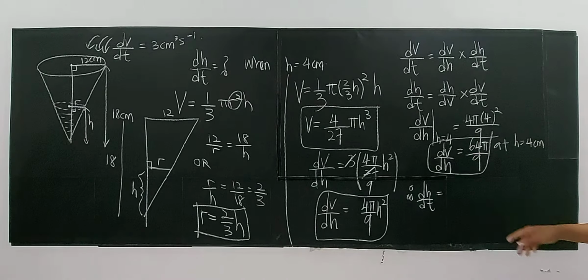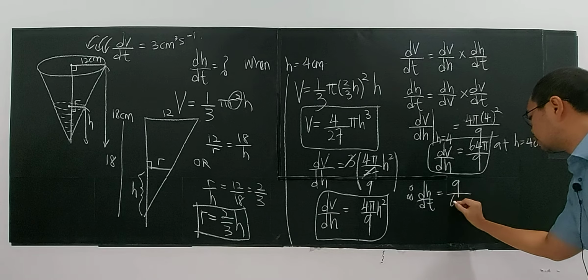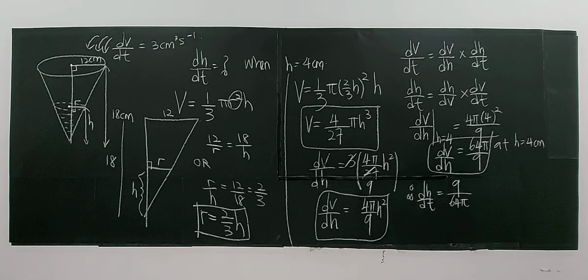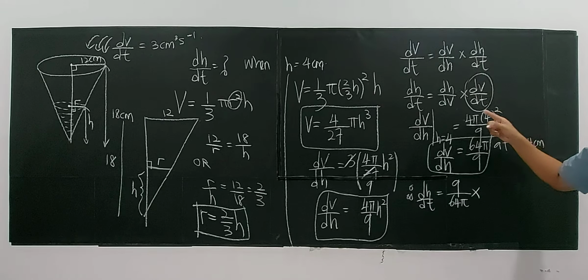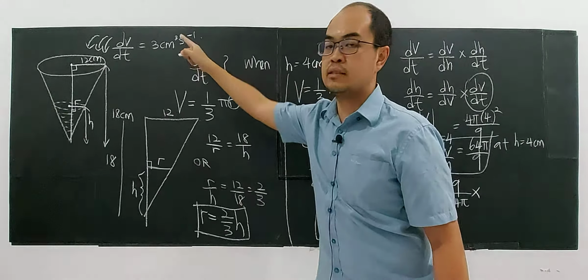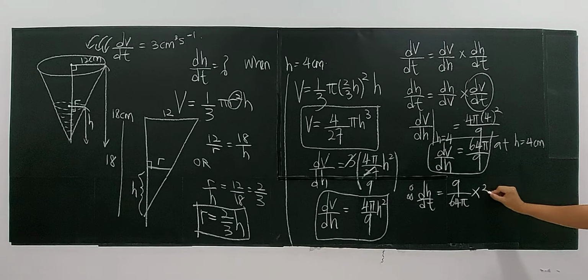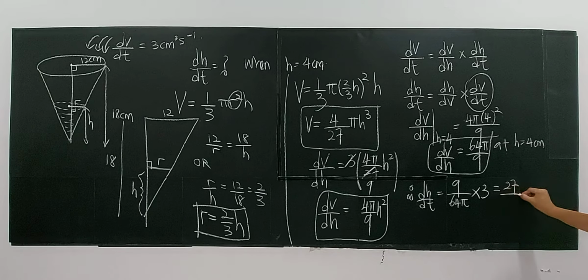So you get 9 over 64 pi, multiplied with the dV dt. dV dt is given, positive 3. So then I have 3 times 9, which is 27, per 64 pi, in centimeter per second.